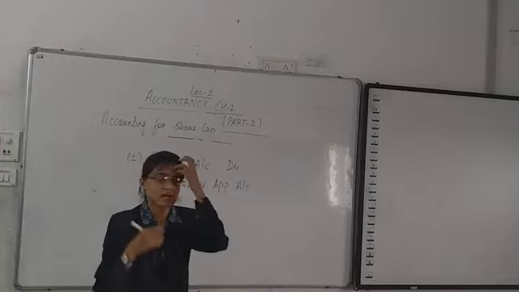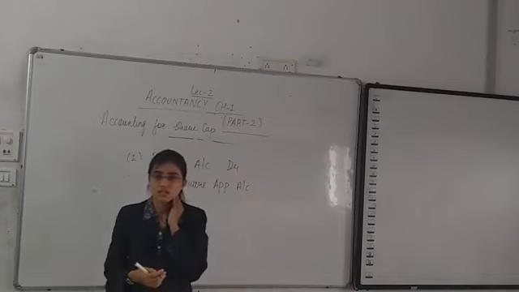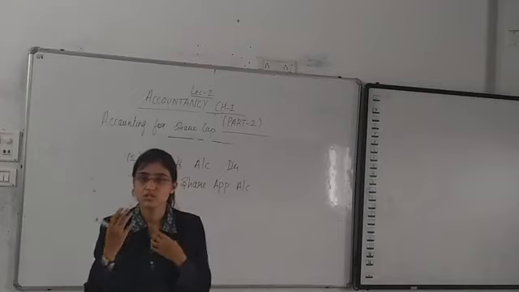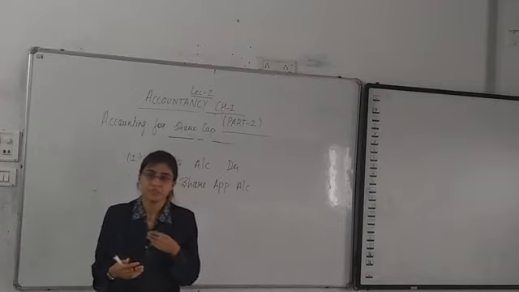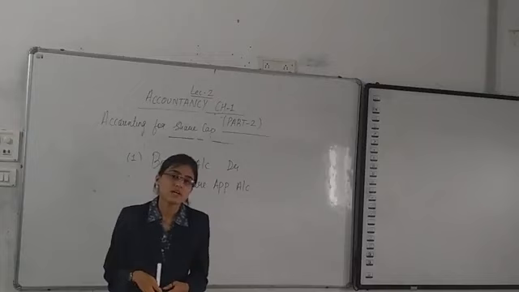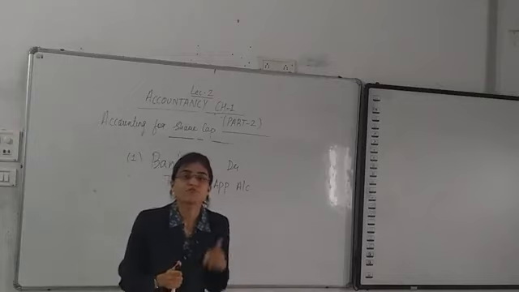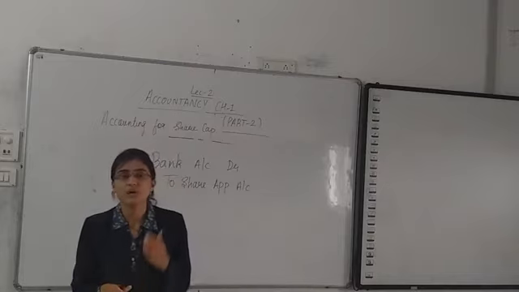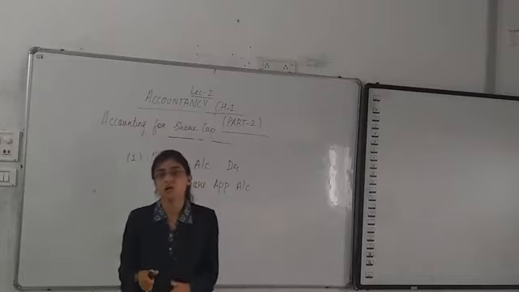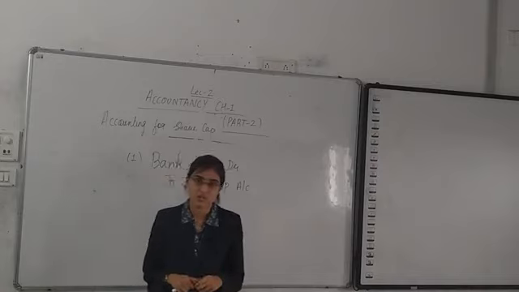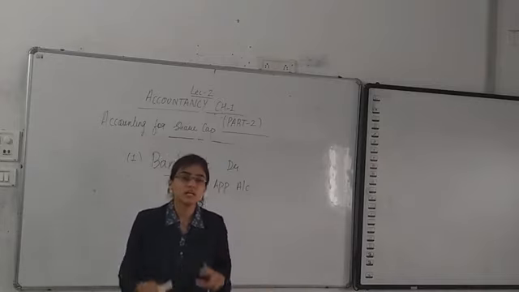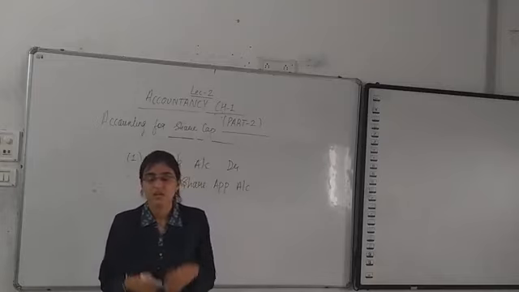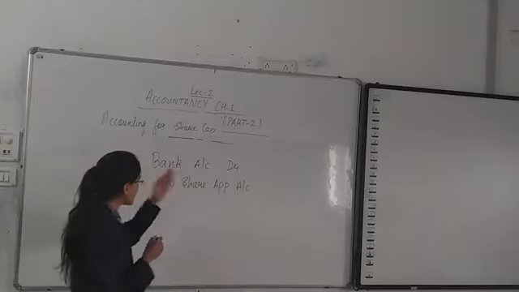One thing that I would like to clarify here is that the transactions related to the share capital are always conducted through the mode of bank. Never in cash. You need to have a separate bank account called demat for dealing with the transactions of share capital. So the very first journal entry.